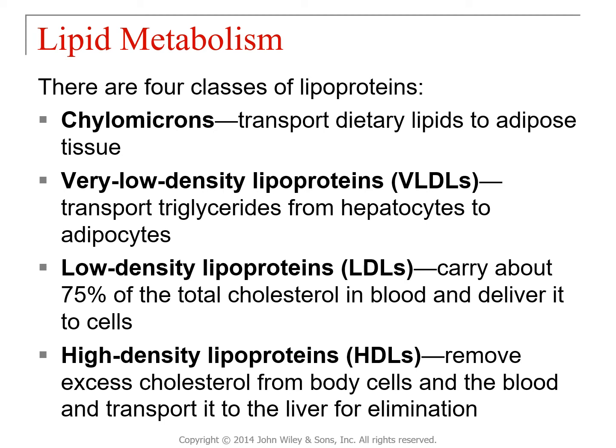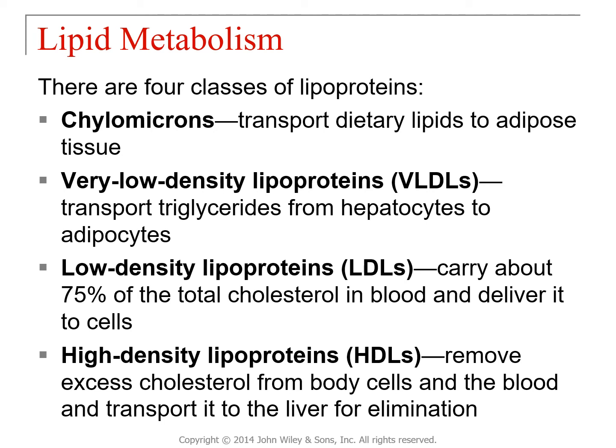repackaged. The liver then can synthesize another lipoprotein called very low density lipoproteins, which tend to be high in triglycerides but also contain cholesterol. As very low density lipoproteins travel in the blood throughout the body, they also release triglycerides for storage in adipose tissue.